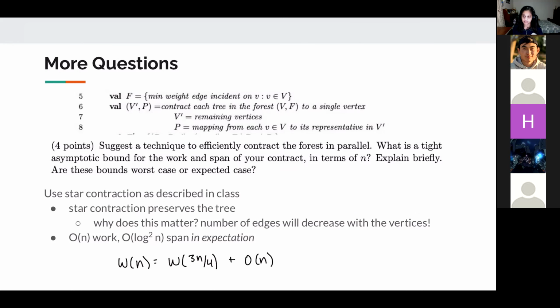If you solve this recurrence, it ends up being root dominated, which is why you can have O of n work. It's similar to the recitation analysis that we did this week. And the reason you can drop the plus m is because we are in a forest, so m is going to be less than or equal to n minus 1.